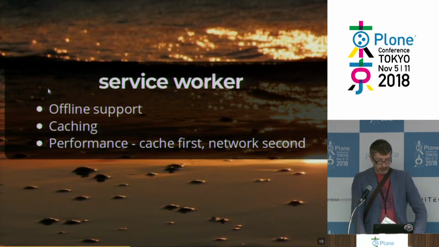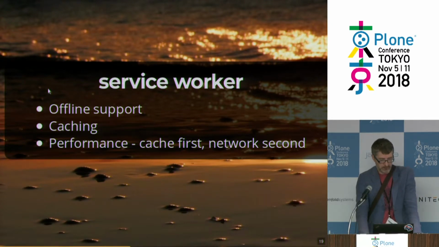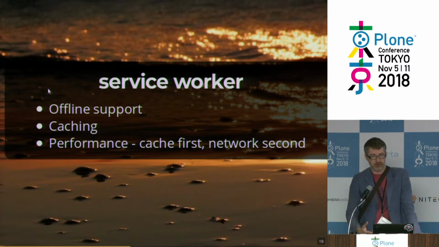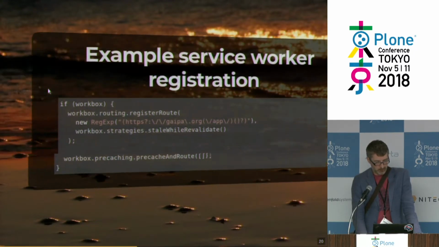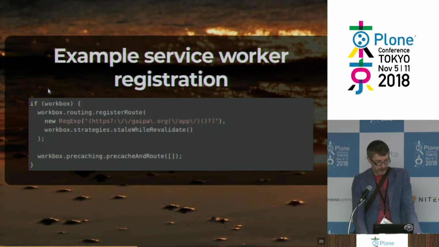Service worker is the really powerful part here, because you gain, as I said, offline support, this caching functionality, which makes the look and feel of your app really fast. And with the Workbox plugin, it's that easy.